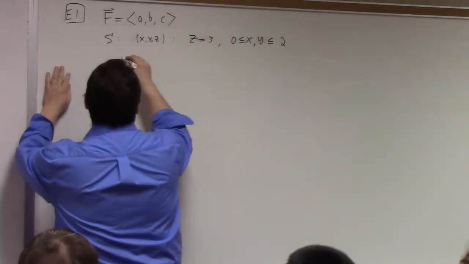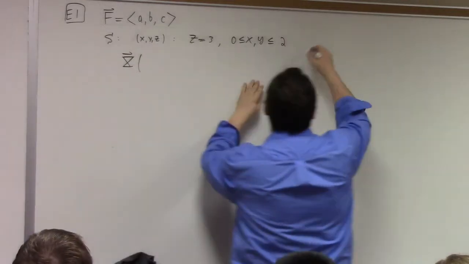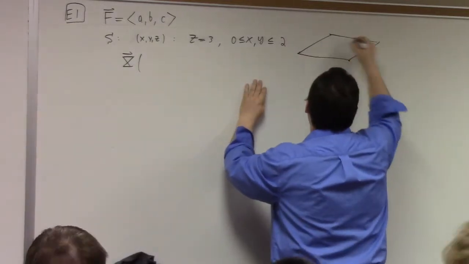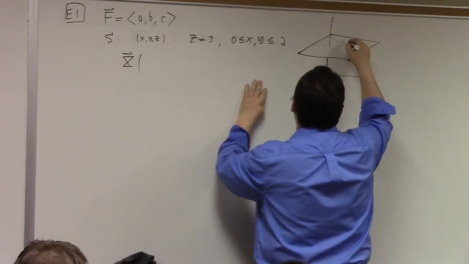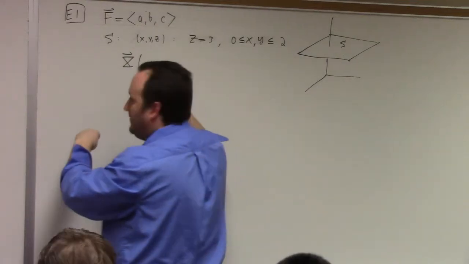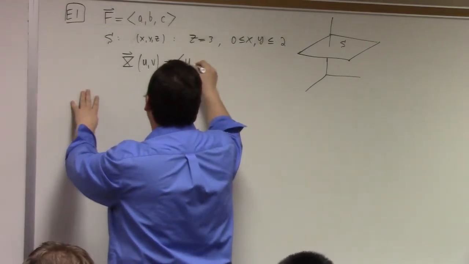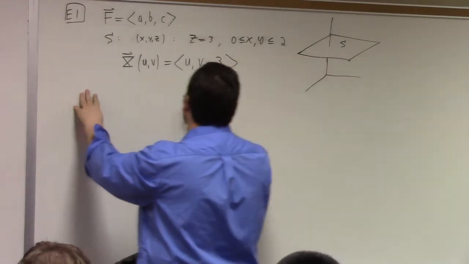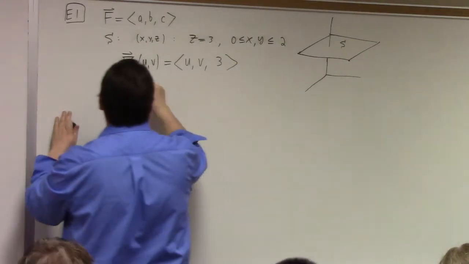So what's my parameterization? So here's my surface S, right? I think we can use x and y as parameters. x of (u,v) is (u, v, 3). So what's partial x partial u?